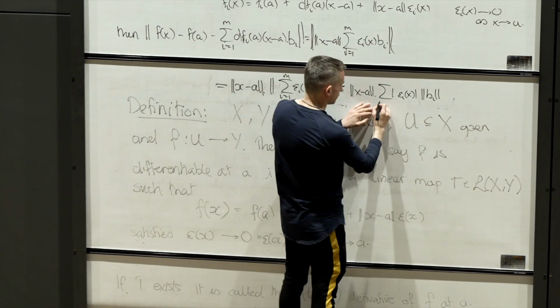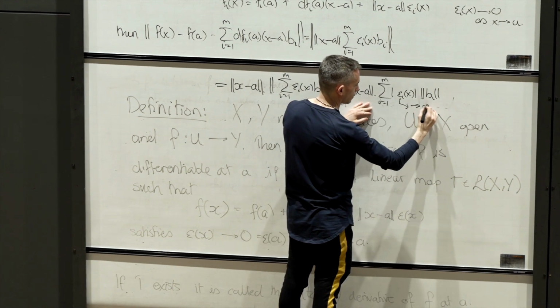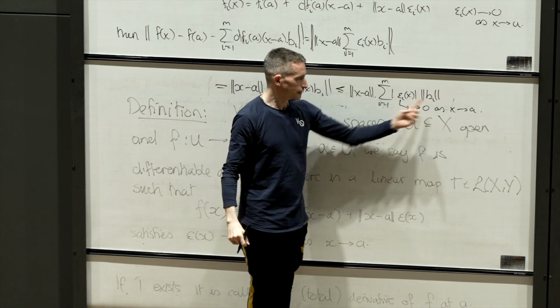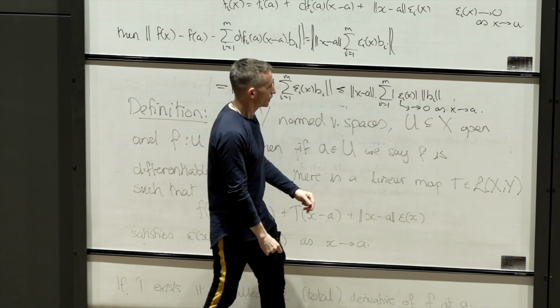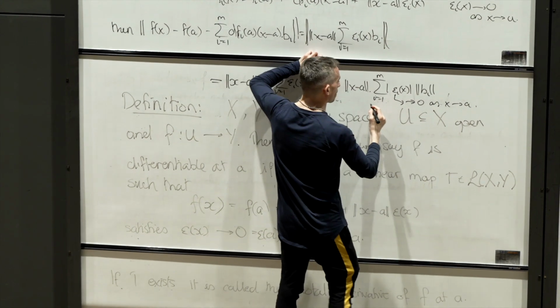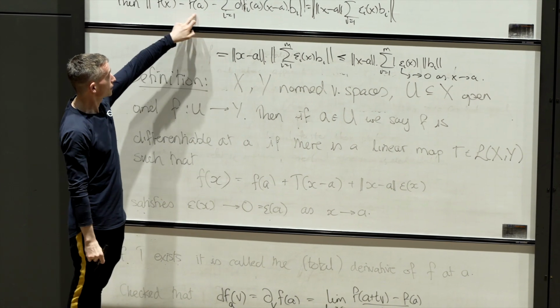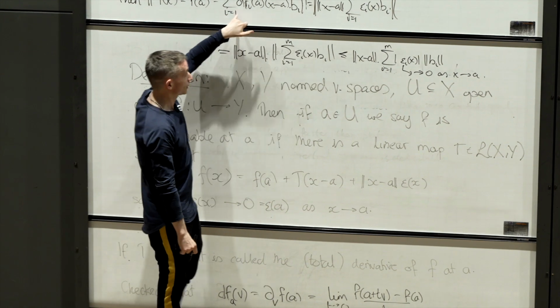These are going to 0 as x goes to a, so this is just a finite sum of things going to 0 times constants, so it goes to 0. And that's exactly saying that the derivative of f at a is this linear map here, which is exactly what was in the statement.